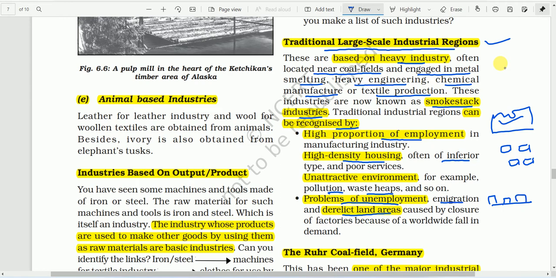There will be derelict land, with all the broken pieces of the factories lying there in the open air. So if you examine such characteristics in a particular area, then you can identify that region as a traditional large-scale industrial region.